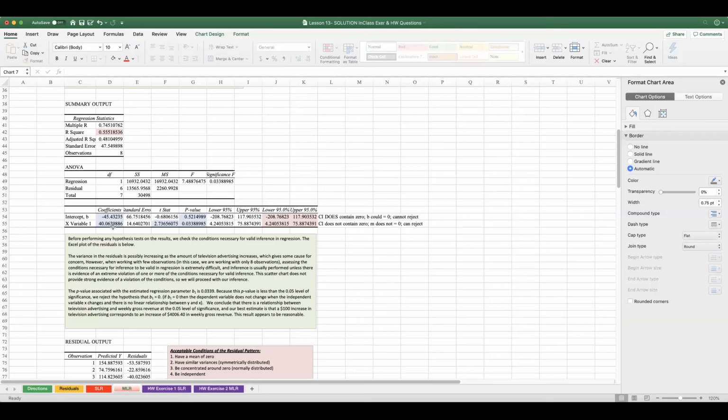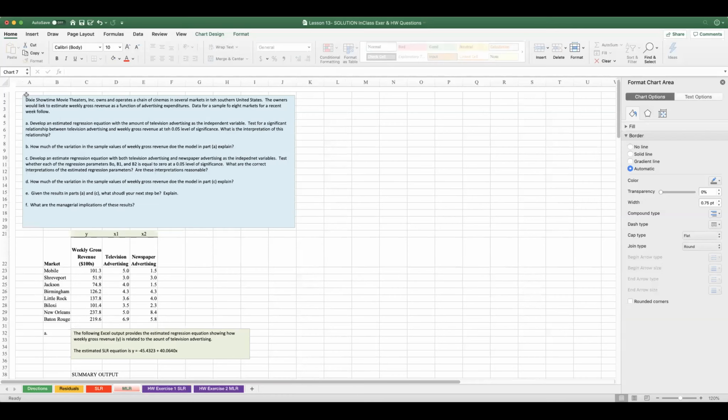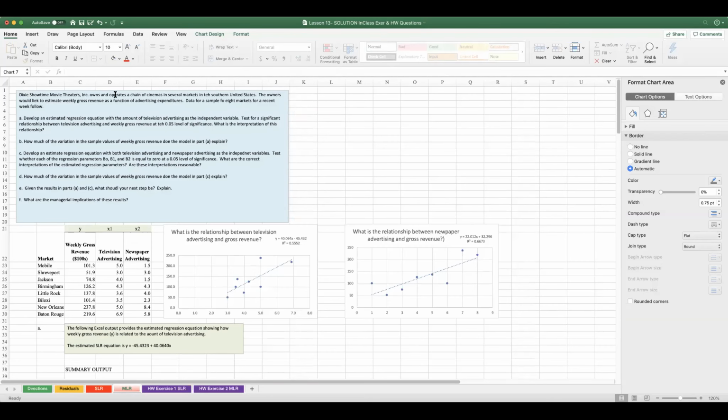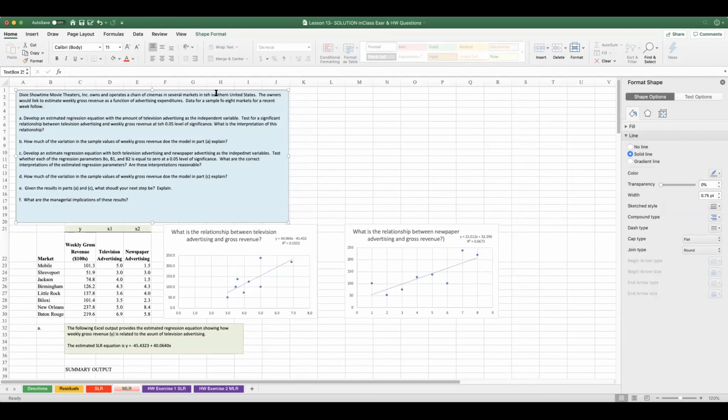Okay, so here's the multiple regression. What do we got? It's Dixie Showtime movie theaters. They own and operate a chain of cinemas in several markets in the United States. The owners would like to estimate weekly gross revenue as a function of advertising expenditures.